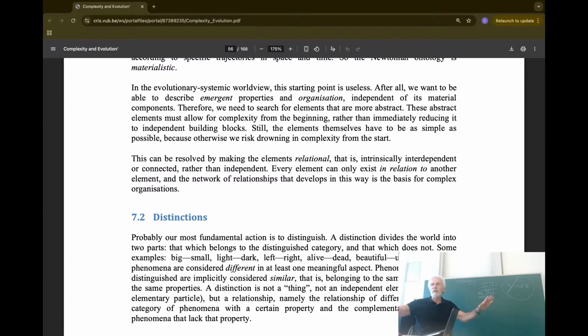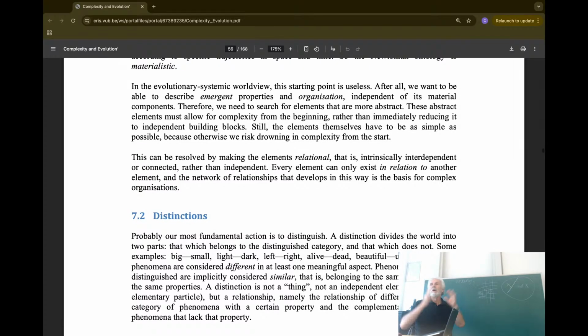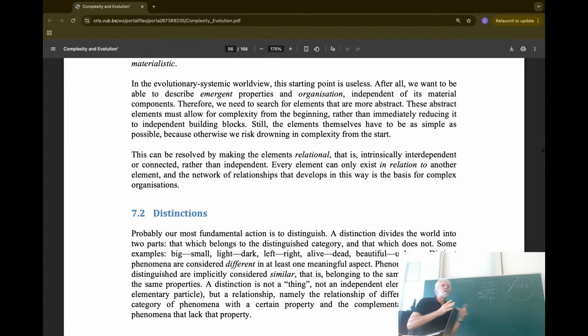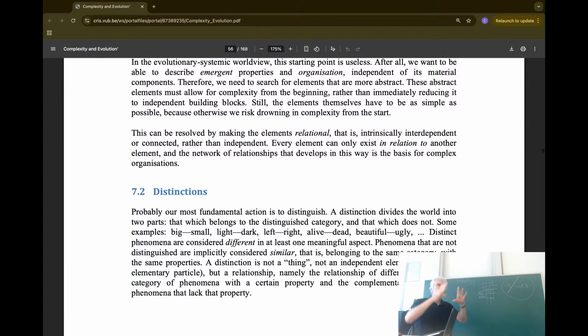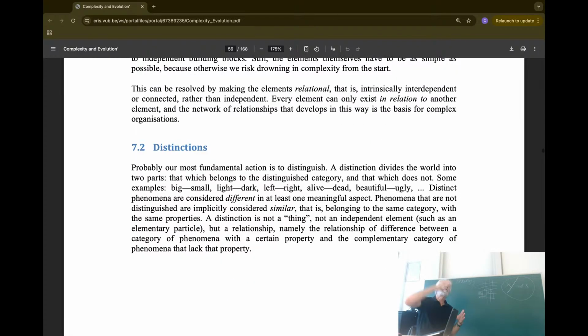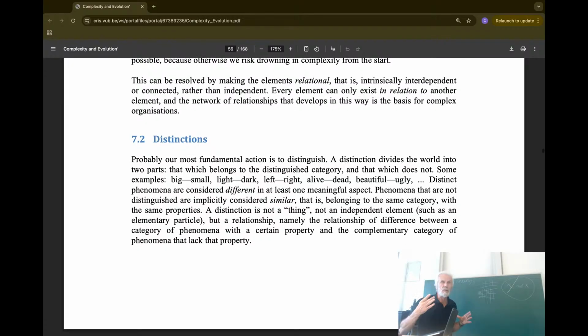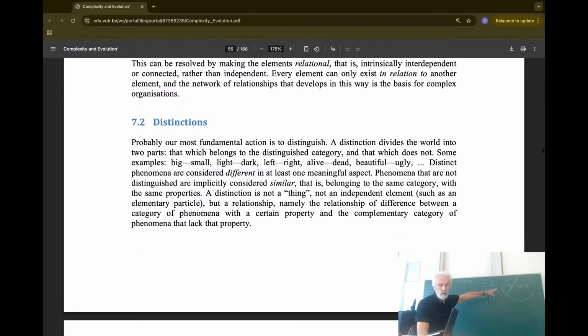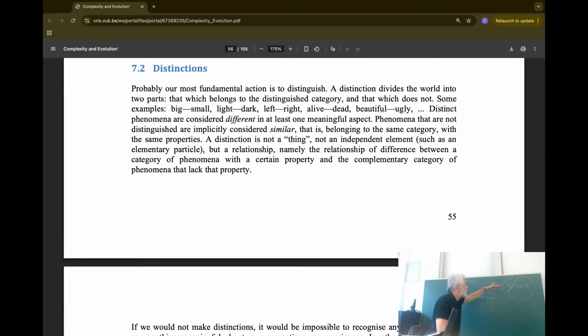Whenever I speak about something, whenever I perceive something, I'm distinguishing something. Every word is a distinction because every word has one particular meaning which is distinct from everything it is not. Every word I use, let's say black or alive, means that I distinguish whatever is black from whatever is not black. So any possible description must assume distinctions.